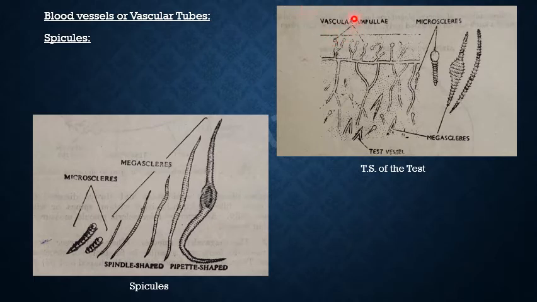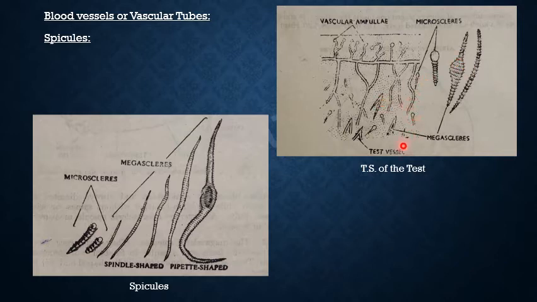And as the name suggests, the vascular ampullae are structures which help in respiration. And the blood vessels, you know what is their function? They carry the blood to the whole of the body, and in this case to the test. The blood vessels distribute the blood into the whole of the test.